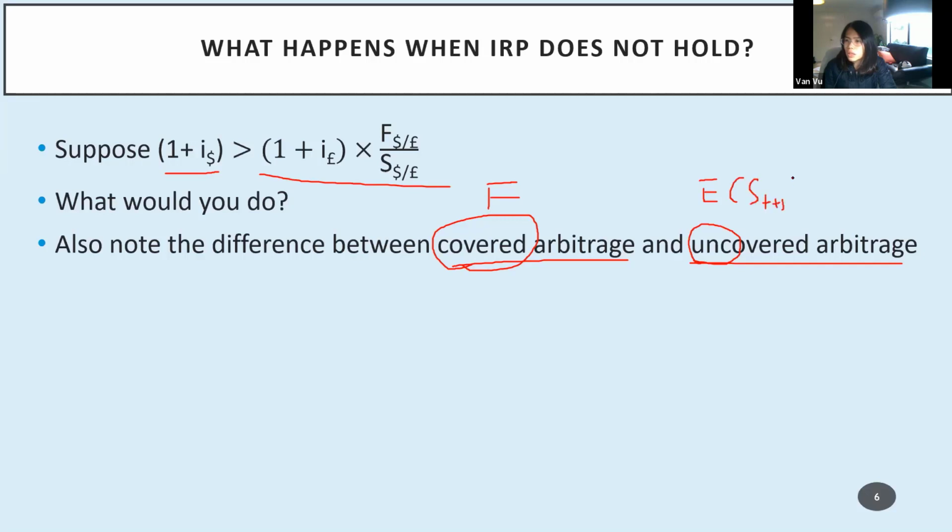In this case, you don't lock in your forward contract, and you will leave your position open until the future. If your expectation turns out to be correct, you will earn a profit. But if your expectation turns out to be incorrect, for uncovered arbitrage, you can also make a loss. That's the key difference between the two.